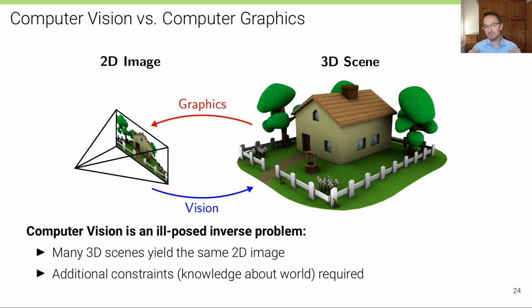So these are just two extreme examples, but because this is pervasive in computer vision, for almost all computer vision problems we need to integrate additional constraints, additional knowledge about the world in order to solve this ill-posed inverse problem. And this is where a lot of research in computer vision goes. These constraints can be engineered constraints, they can come from first principles about the world, or they can come from large data sets where this knowledge has been acquired.